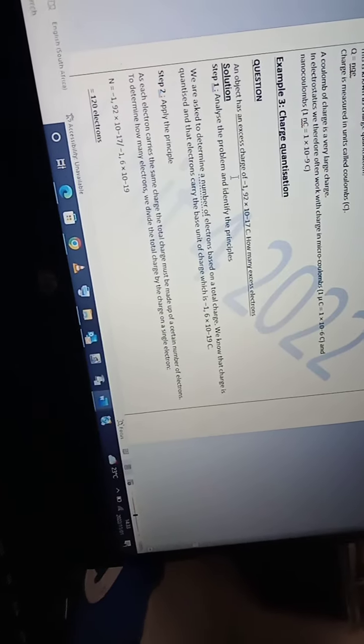Here's the formula: Q stands for the charge, n stands for the constant, and e stands for the charge of an electron or proton. It is measured in nanocoulombs, where nano stands for 1 times 10 to the power of -9 coulombs. So here's the example that we're going to do with the learners.